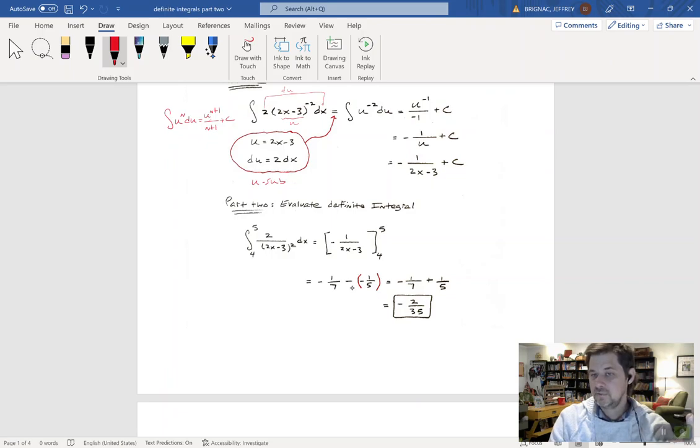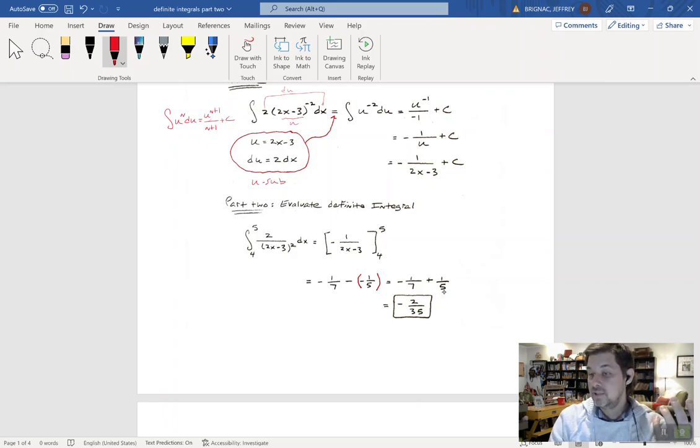Now notice I wrote that there's the subtraction that comes with our procedure for doing this. And then there's a negative that comes along with the number you get when you put 4 in. So I made sure to put parentheses there so you see they're both there: the subtraction, and then the negative number. Doing so amounts to this. I get negative 1 over 7 plus 1 over 5.